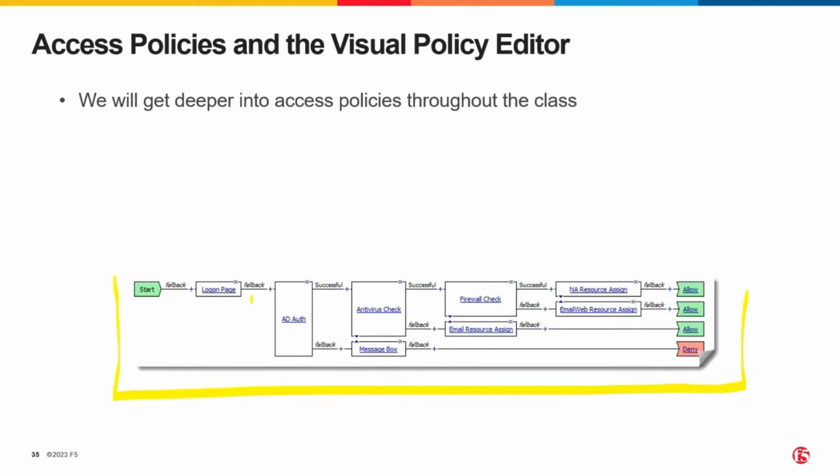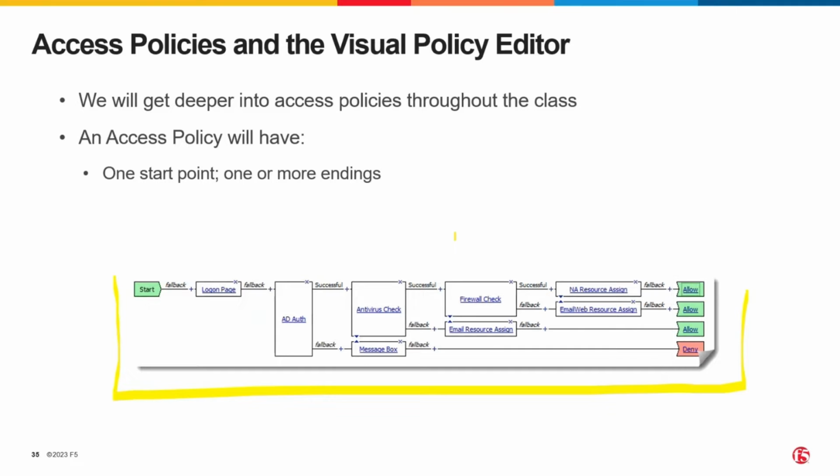Of course, at the beginning, when you use this wizard, this will be created for you, but it doesn't mean that you can't modify that. Or of course, it doesn't mean that you can't create your own access policy and build very, very sophisticated logic within this policy.